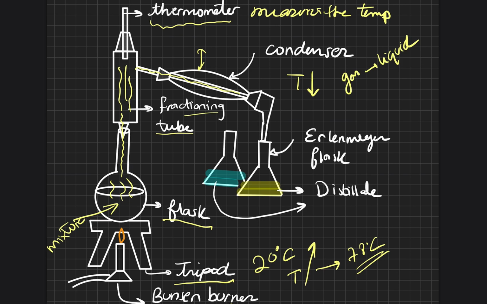When we cool it down, it condenses. It means that it turns back into liquid. So along this condenser, the gas will turn into liquid, and the liquid will fall from the condenser into a different flask.